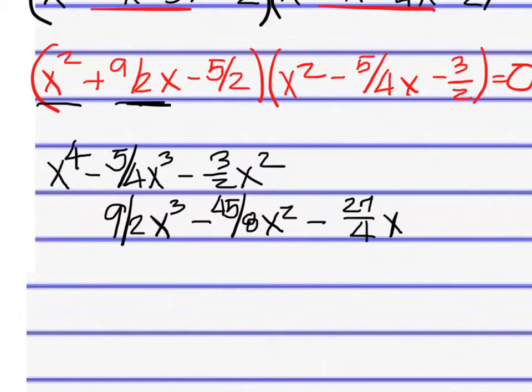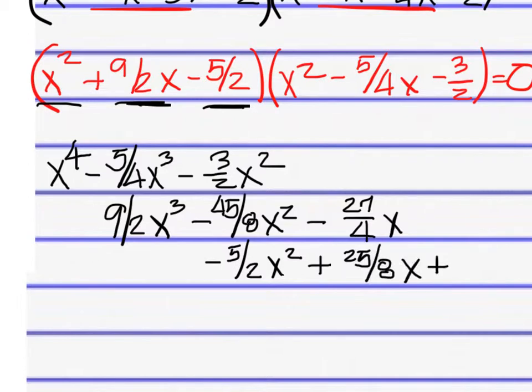And lastly, you move to this one. -5/2 multiplied against each of these items. That will give us a -5/2 x squared plus 25/8 x, and then plus 15/4.